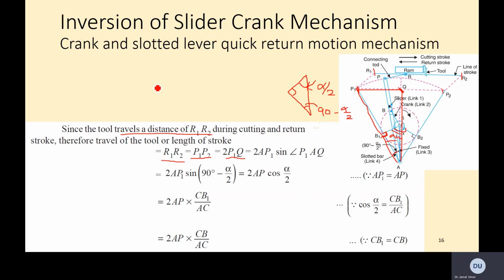So now if you consider this big triangle, again, I will draw it. This one is P1. This is Q. And this is 90 minus alpha, 90 minus alpha by 2, alpha by 2.